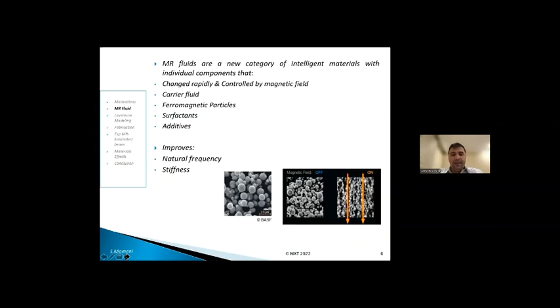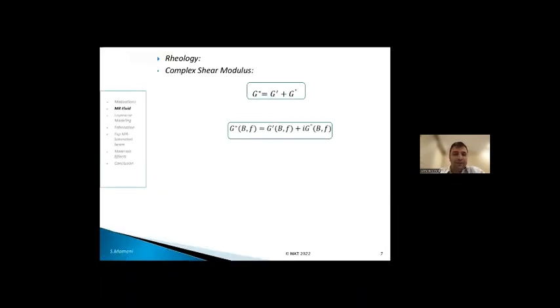In the next slide, I want to talk about the layer-wise modeling of the structures. The complex shear modulus of the structures is calculated based on this formula, the summation of G prime and G second. G prime and G second are dependent on the magnetic field intensities and the natural frequencies.